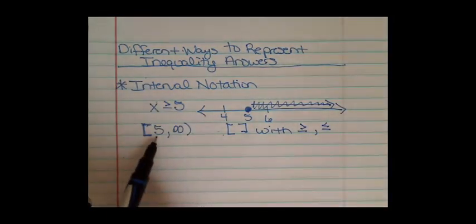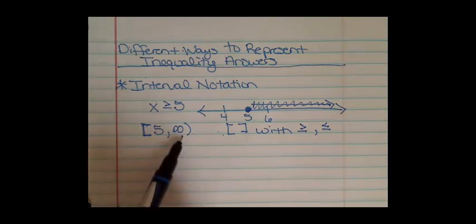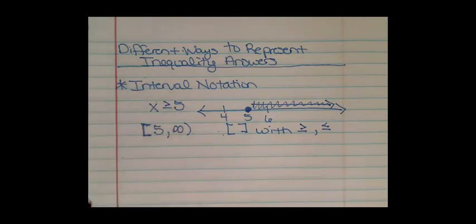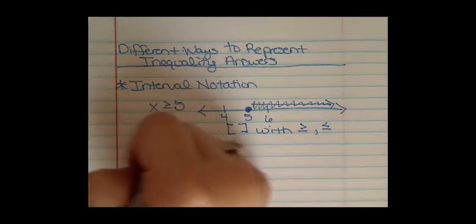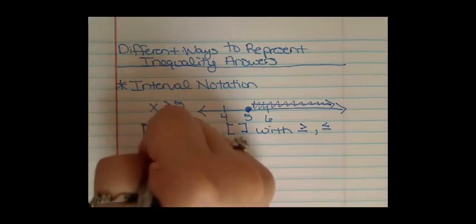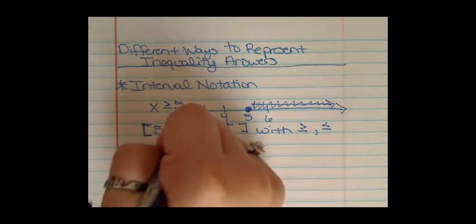And then you go all the way out to infinity, and you use a parenthesis because you're never actually going to reach the infinity. That's one of those weird mathematical things. Alright, let's do another one. What if we had x is less than 3? Let's look and see what that would look like on a graph.